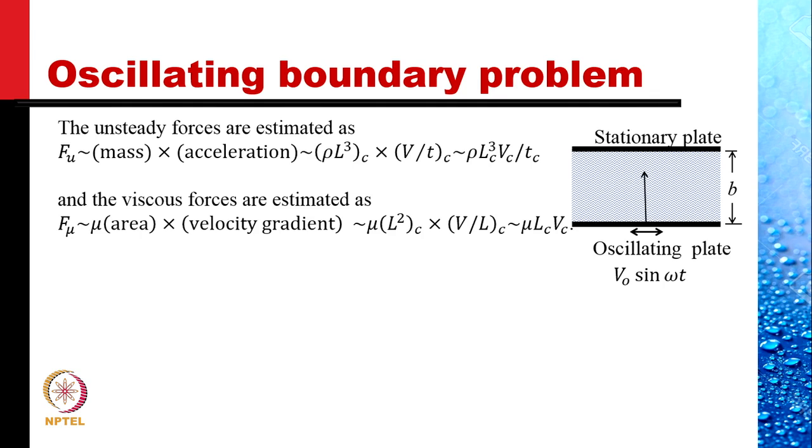Similarly, the viscous forces are estimated as mu times the area times the velocity gradient, and that, as before, results in mu times Lc times Vc.